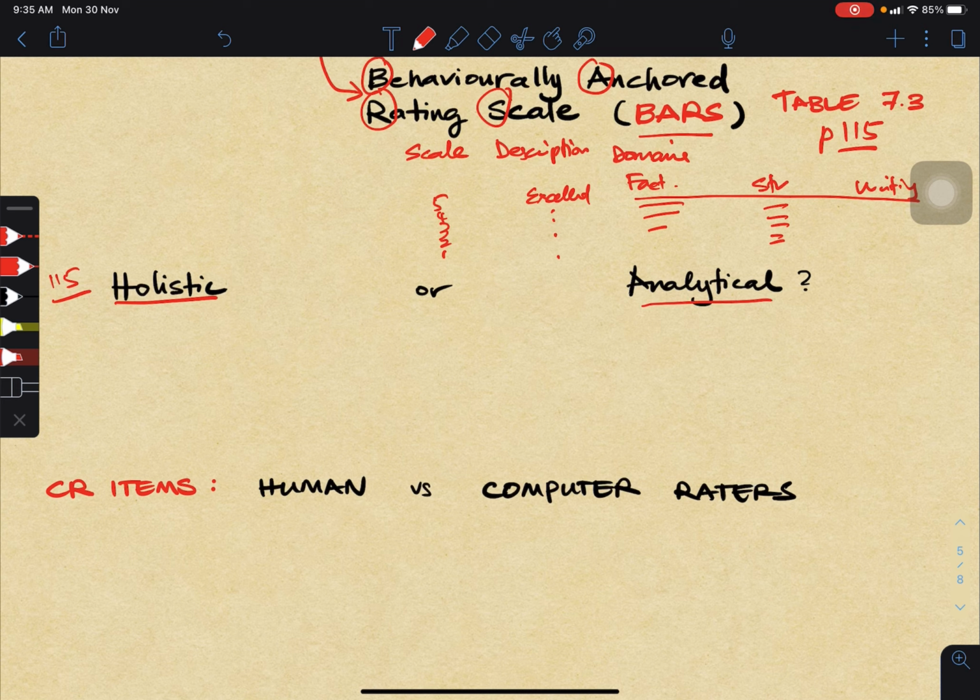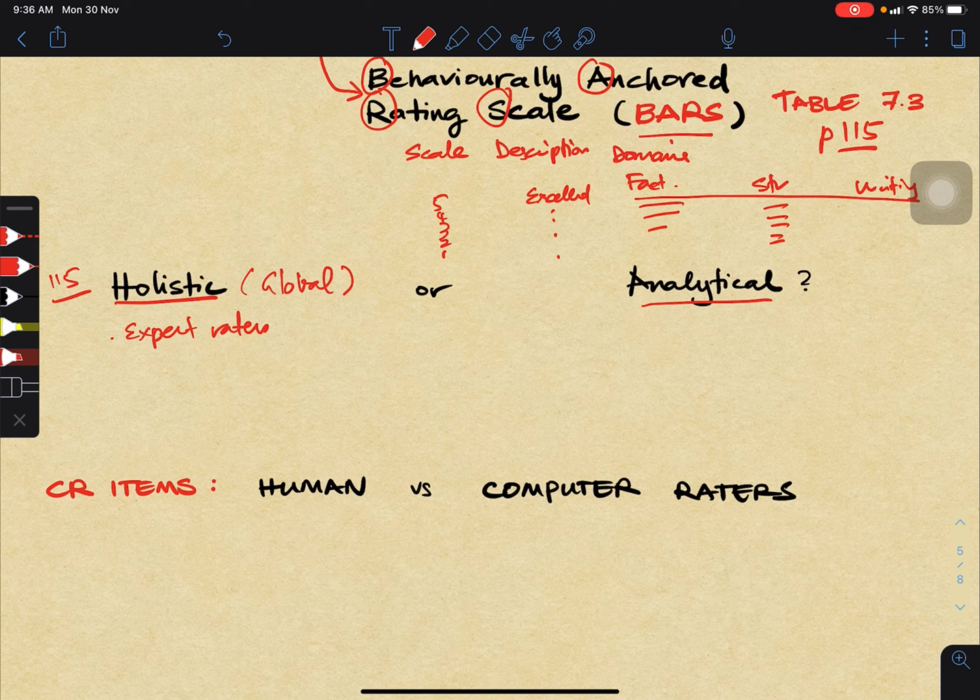Holistic means global, right? Global rating versus analytical. If you just want an opinion and you have expert raters, then you go for global or holistic scoring. This is more popular actually. Global judgment, experts' global judgment.